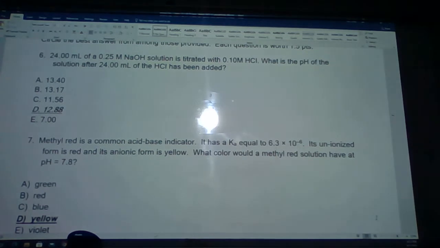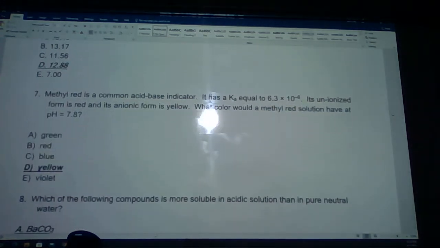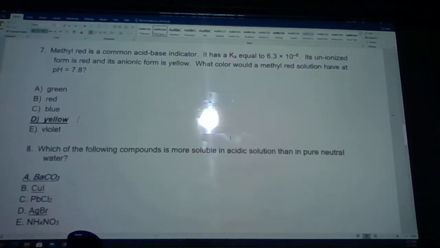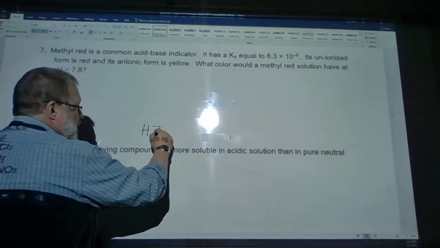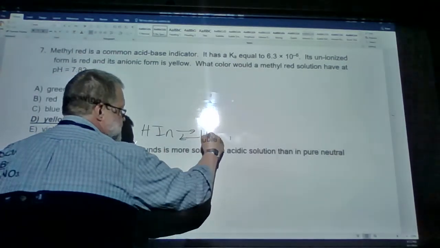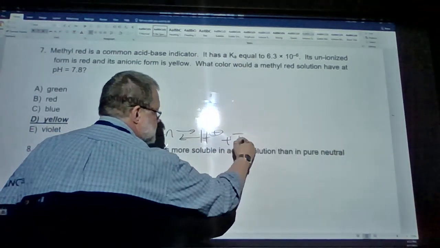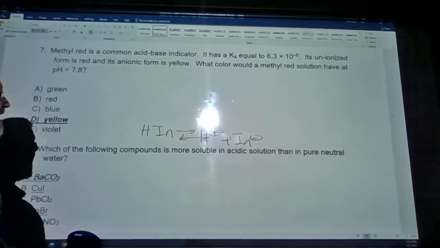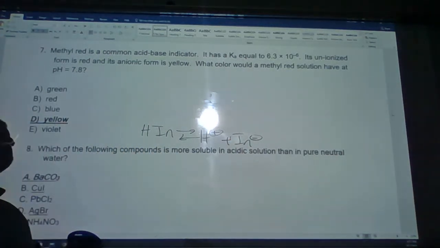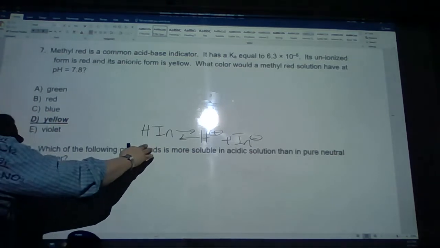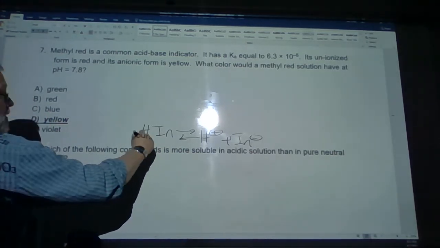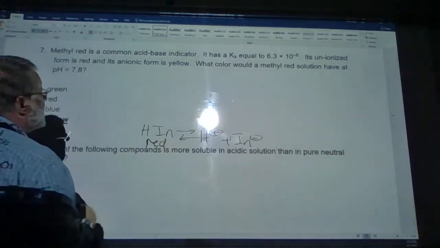Methyl red is a common indicator used in acid-base titrations. It has a Ka equal to 6.3 times 10 to the minus 6. Its unionized form, HIn, the unionized form of methyl red, is red.